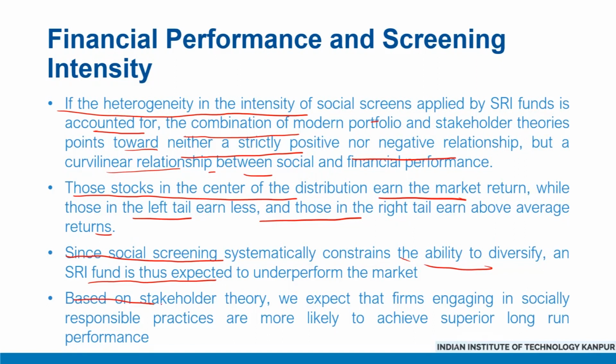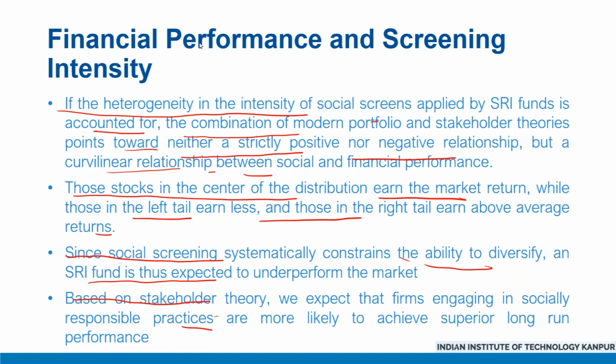Based on the stakeholder theory, we expect that firms engaging in socially responsible practices are more likely to achieve superior returns in the long run, that is, superior long-run performance. Thus, socially responsible firms are more likely to be in the right tail of the distribution, and in contrast, firms with poor stakeholder relations are riskier and more susceptible to crisis, and so more likely to be in the left tail.